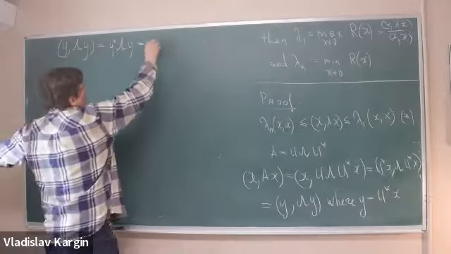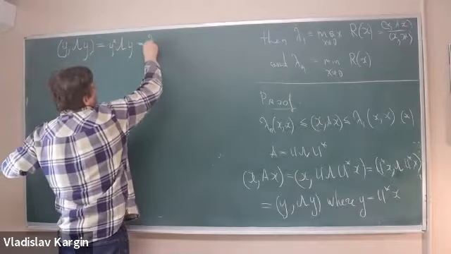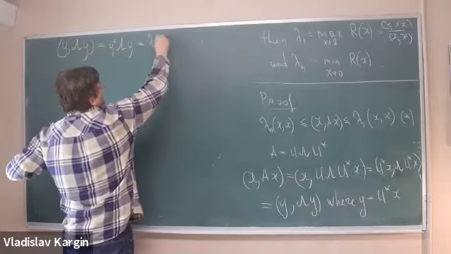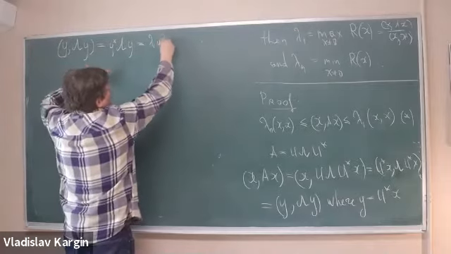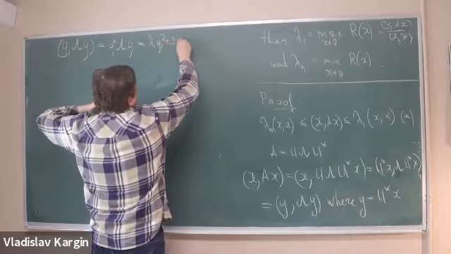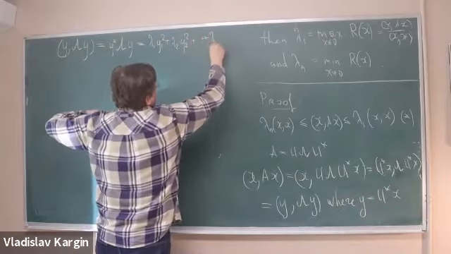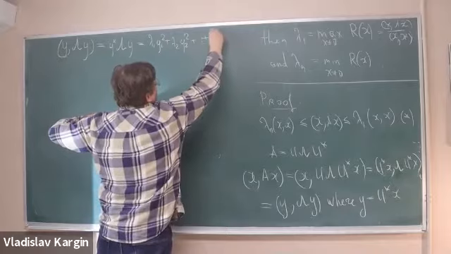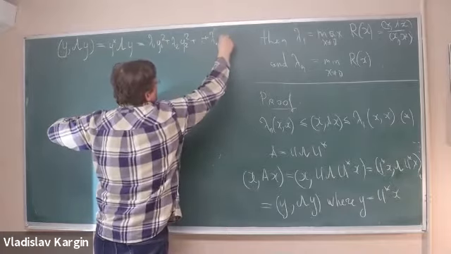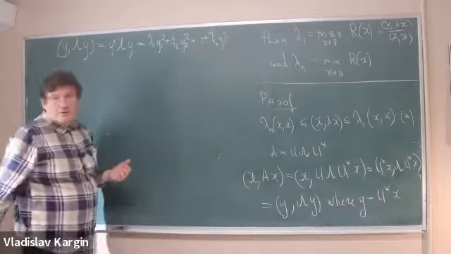It's just lambda 1 Y1 squared plus lambda 2 Y2 squared plus so on plus lambda n Yn squared.